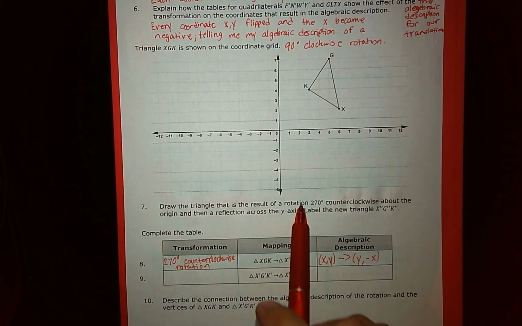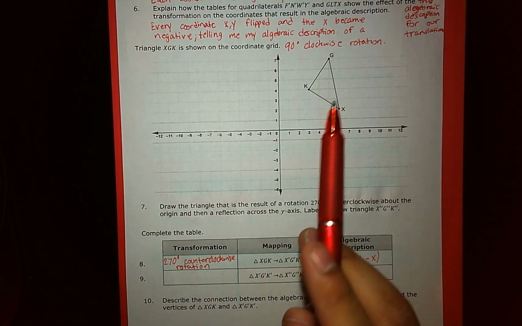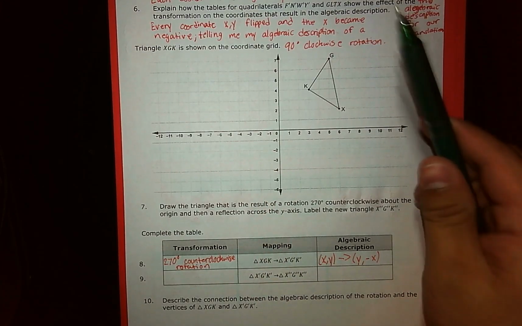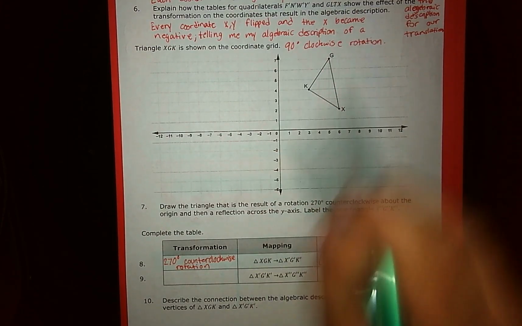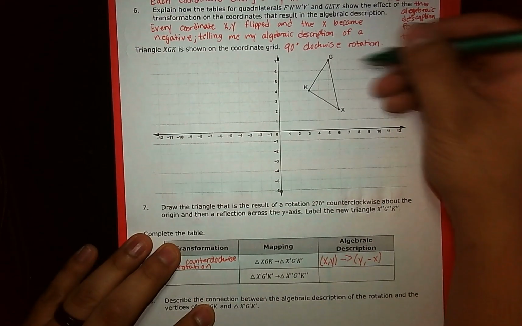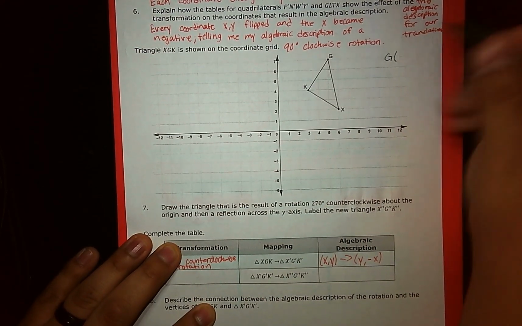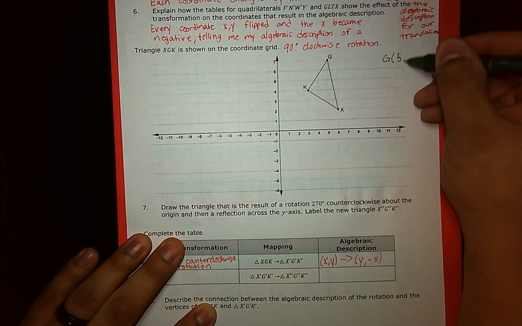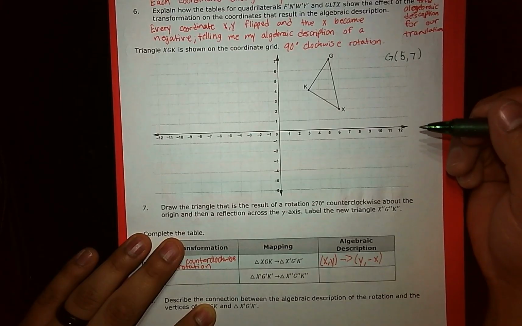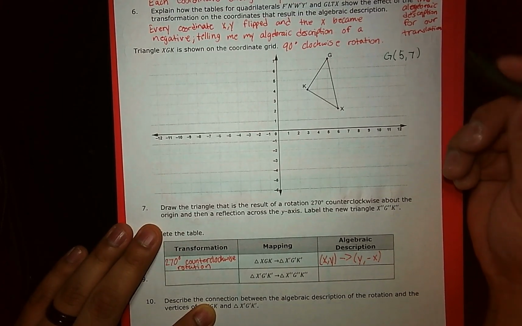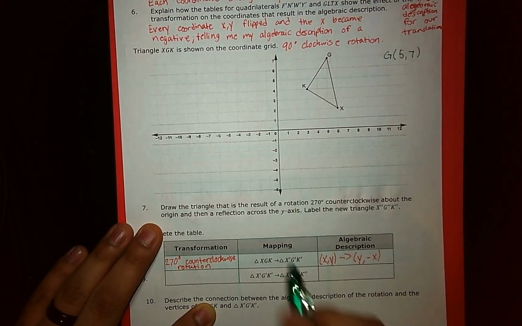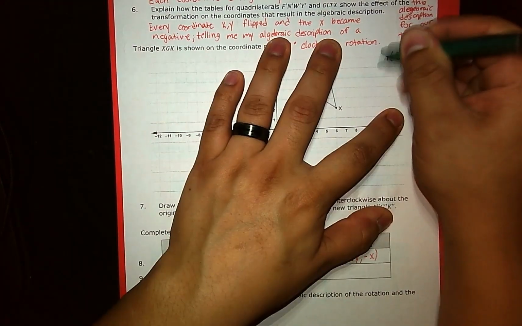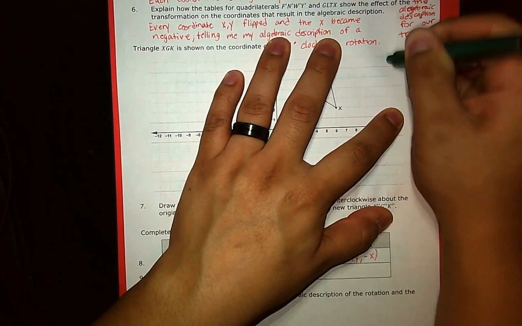In order to do that, we need the coordinates first. I'm going to go in here with a different color so you can separate it from the words up there. Where is G at? Or I guess we should do it in order, how the triangle is labeled here. So let's do x first.